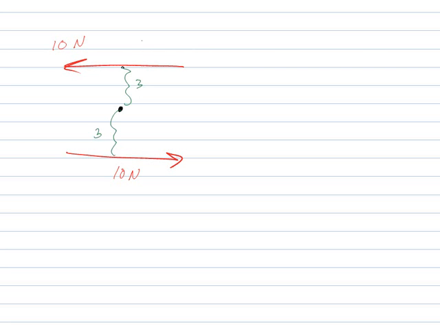I can say that the moment produced by this force is 10 times 3, and it's counterclockwise, so it's positive. So this is plus 30 newton meters. Likewise, the moment created by this force about point O is 10 times 3, and again it's counterclockwise, so 30 newton meters.